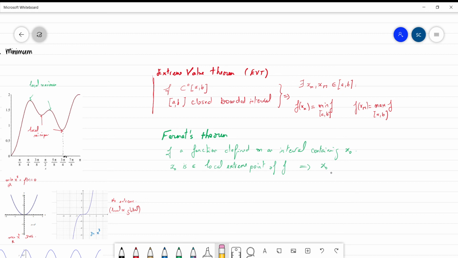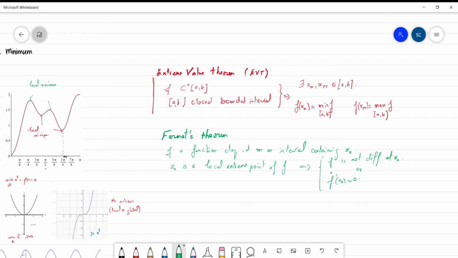We say two situations can happen. Either f is not differentiable at x0, or if f is differentiable, then f prime at x0 necessarily is 0.